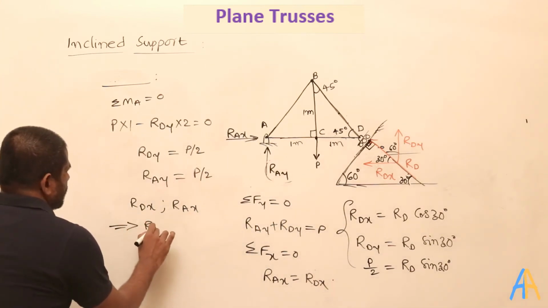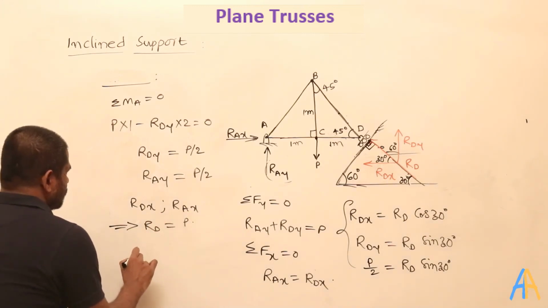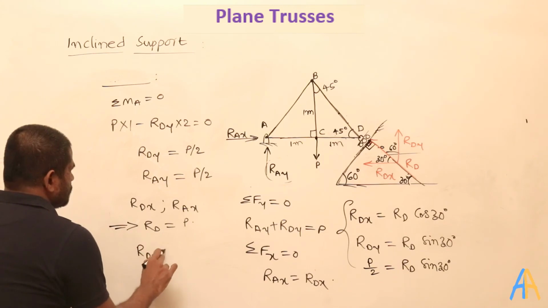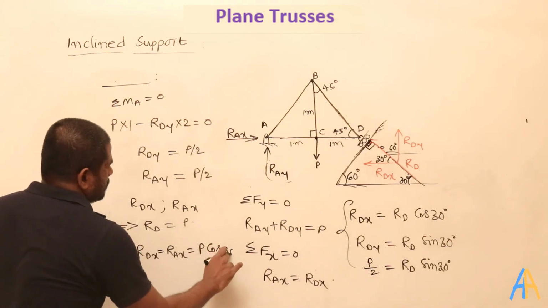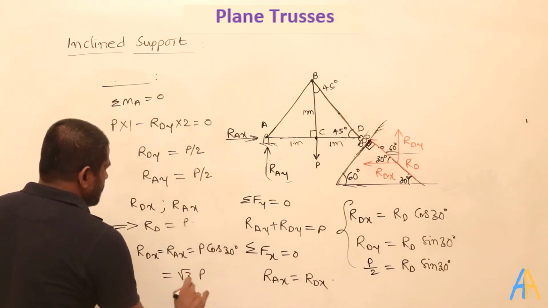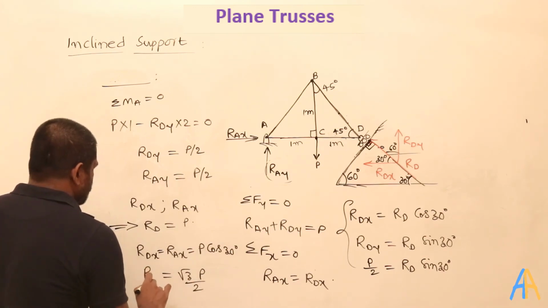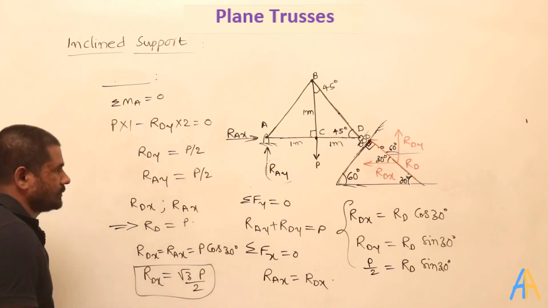So from this, I can write RD equal to P. Once you know the RD, how will you find out the RDX? That equals RAX, that is P cos 30 degrees. So its value is root 3 P divided by 2. This is how we need to find out the reaction forces.